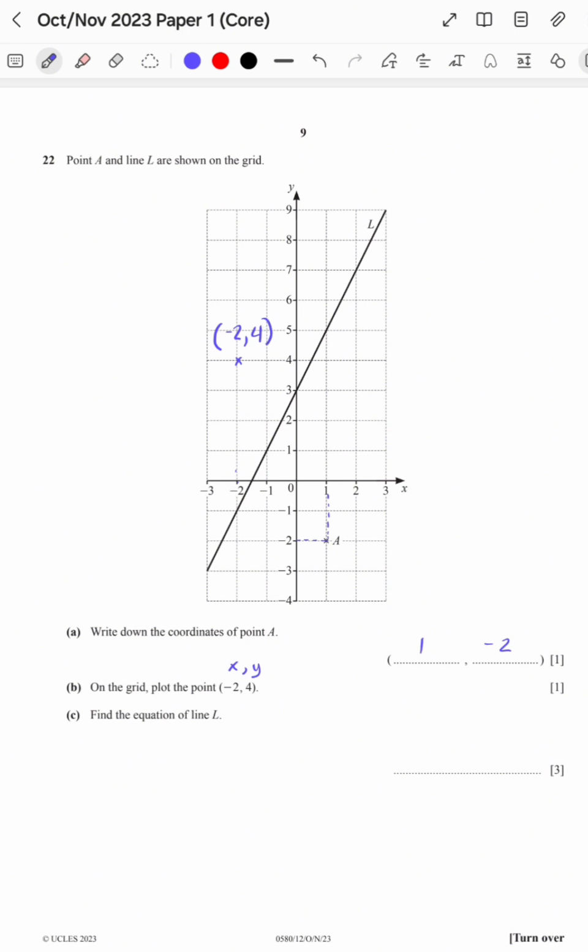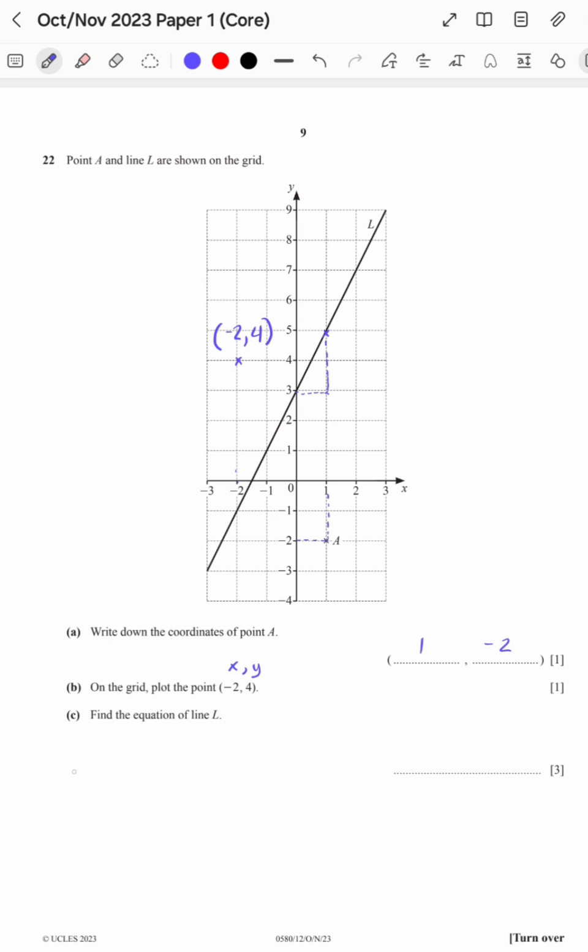Next, find the equation of line L. To find the equation of line L, you have to find the gradient. To find the gradient, you need to find points on the graph. So I'll choose this and then this.